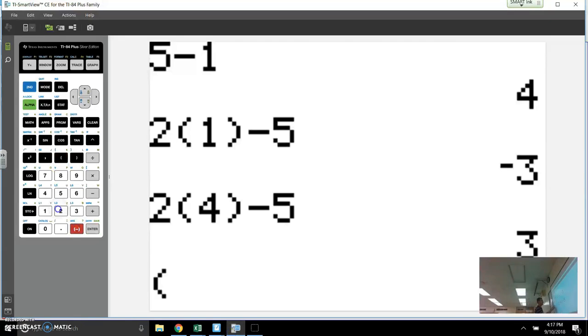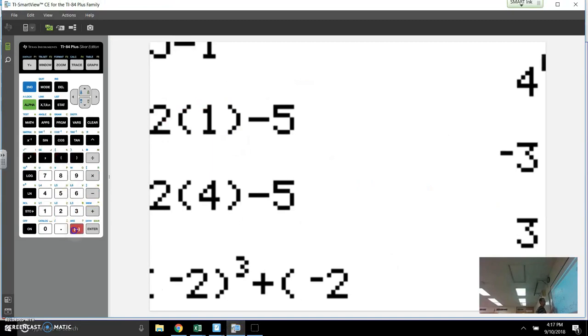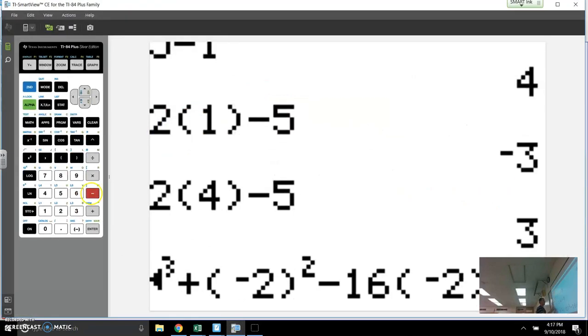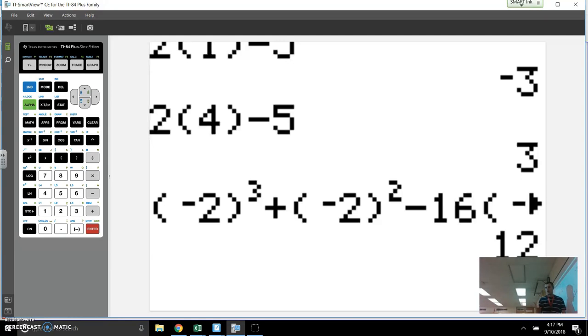Negative 2 to the third, plus negative 2 squared, minus 16 times negative 2, and then minus 16. Notice I get 12.